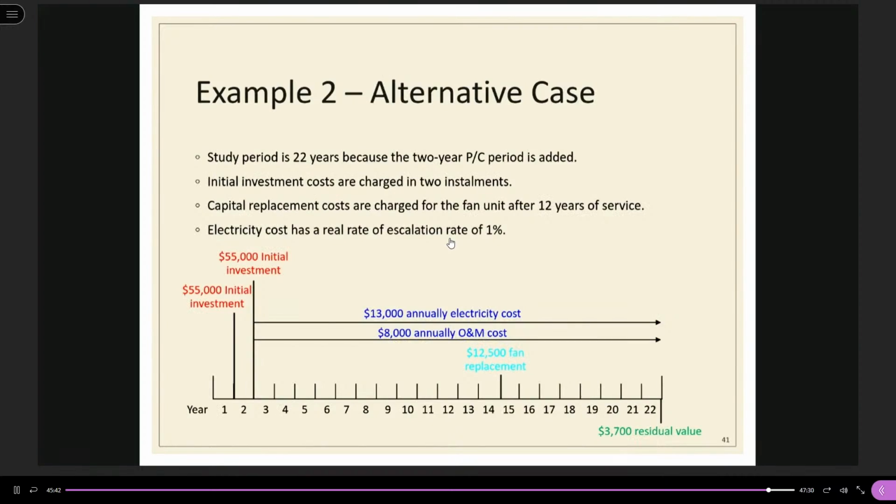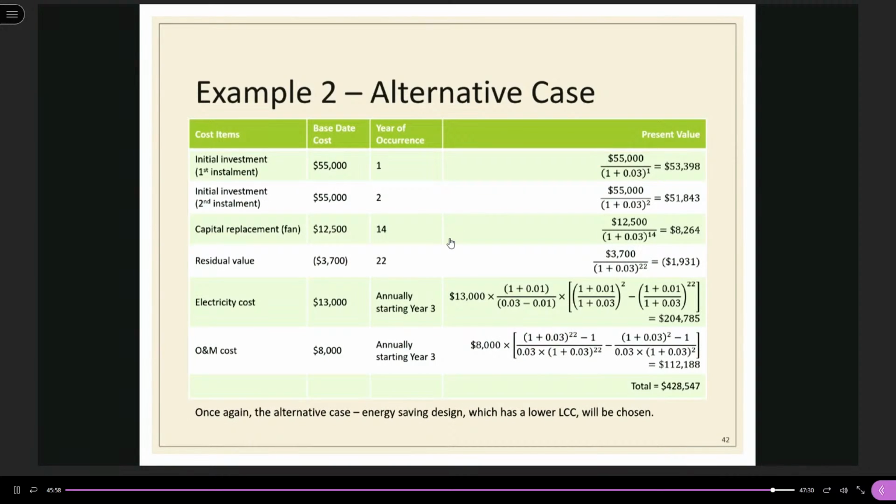And for the alternative, the difference will be the earlier investment in 2 installments, and then the same fan replacement and the same residual value, and we do the calculations. Once again, not much changes except the number of years, the year of occurrence.